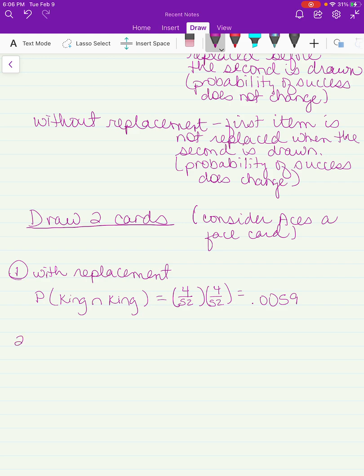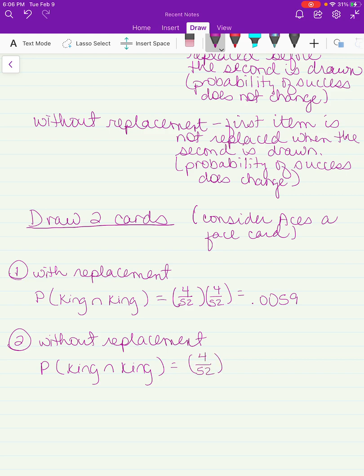But if I do it without replacement, and I do the probability the first one is a king and the second one is a king, well, when I start, I have 4 kings and 52 cards. But once I draw the first one out, if it's a king, I only have 3 kings left, and I only have 51 cards left.